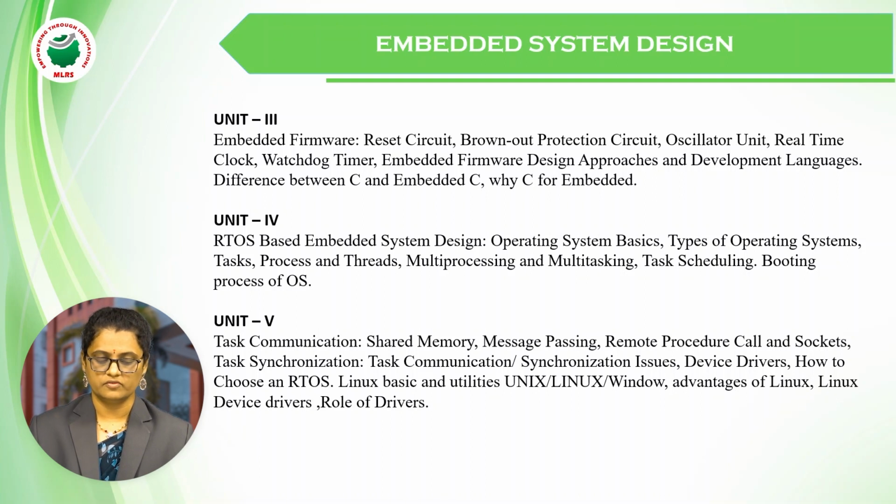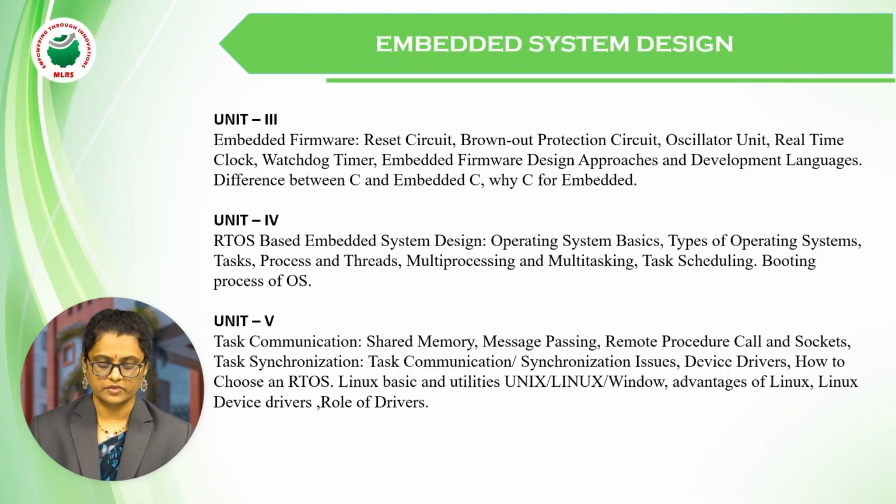Coming to the fourth unit, this is basically about RTOS, meaning real-time operating system. In this, what is an operating system, and what are the types of operating system, including task, process, threads, like that. Moreover, we have multiprocessing, multitasking, and multi-scheduling processes.